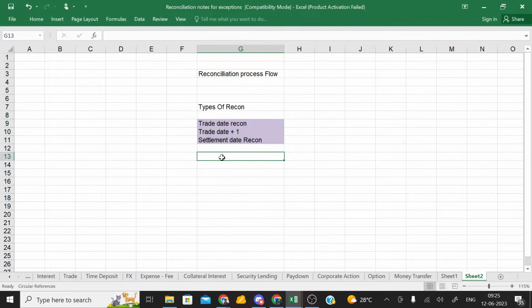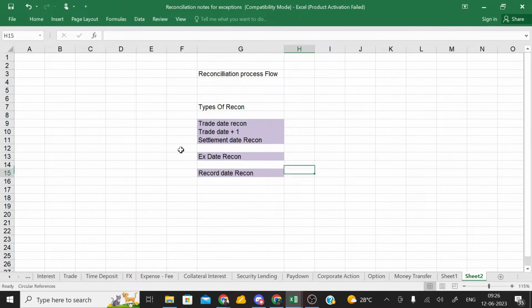Third, maybe in a corporate action, you would see ex-date reconciliation and record date reconciliation. Last week we already discussed ex-date. It means the stock exchange processes the benefit as per the ex-date, so you need to perform the reconciliation on the basis of ex-date.